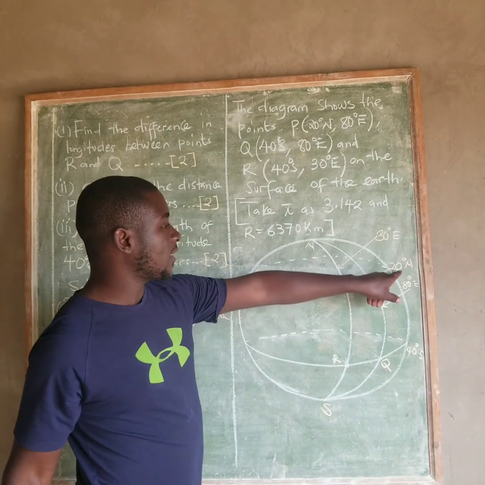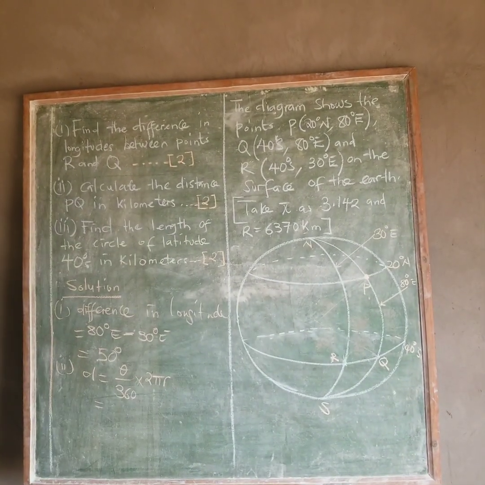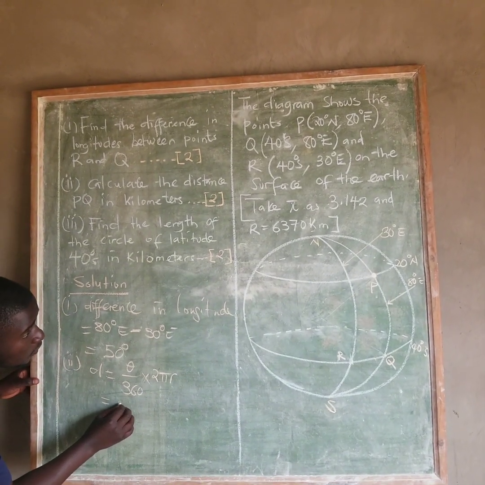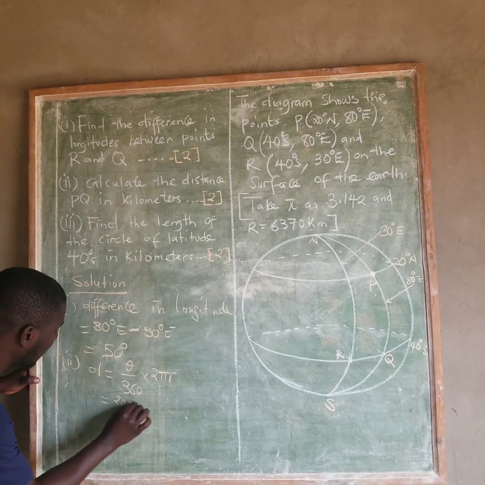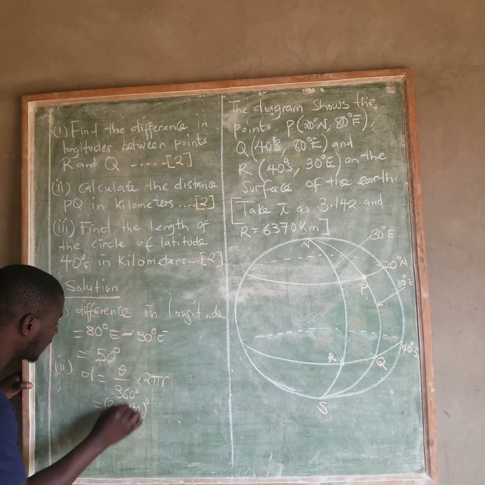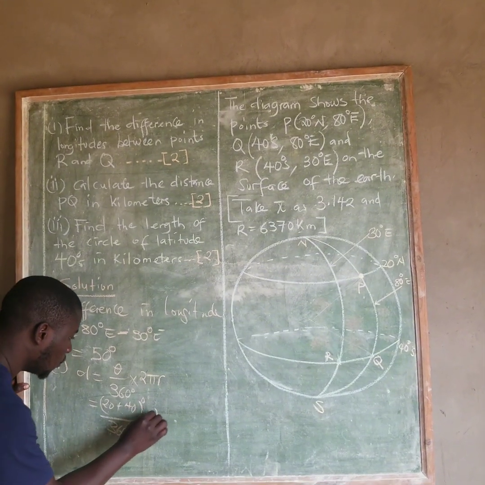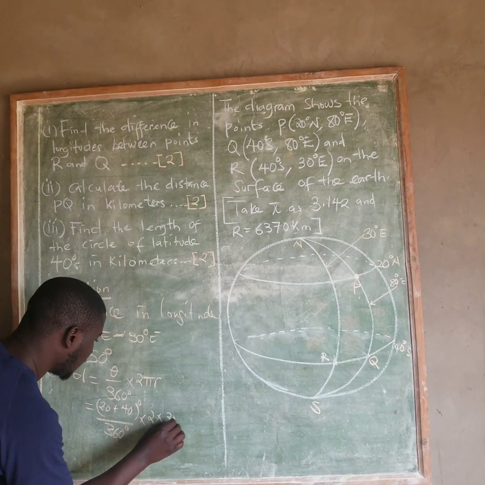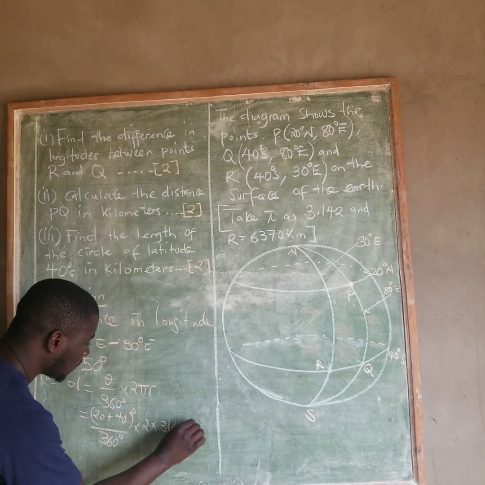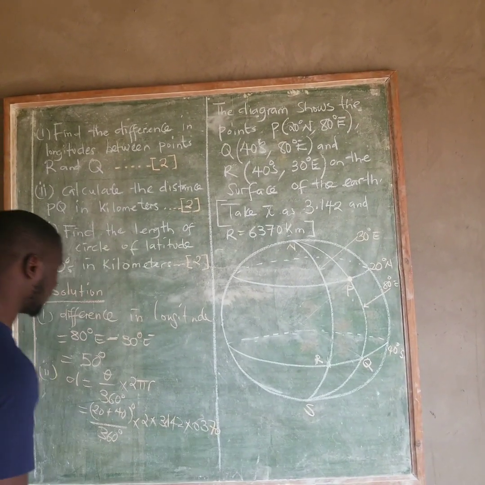So we have 20 and 40. The angle there, when you add the two, since they're in different hemispheres, is 20 plus 40 degrees over 360 degrees times 2 pi. We know the value of pi, 3.142, and the radius 6,370 kilometers.